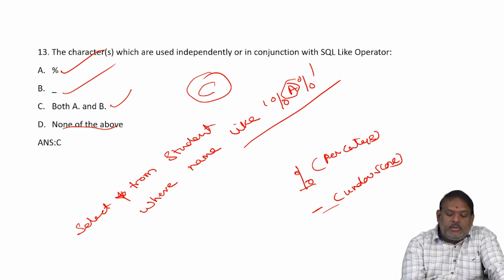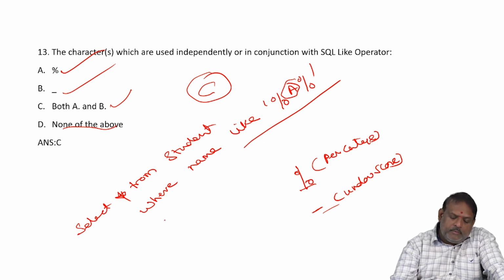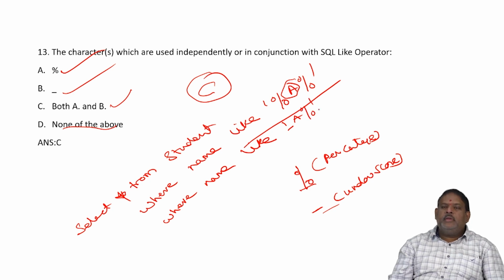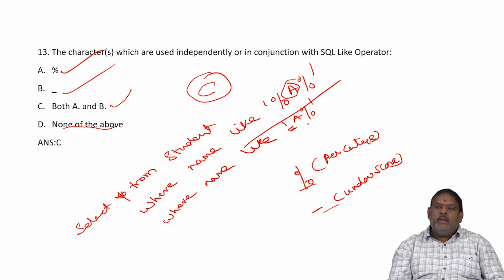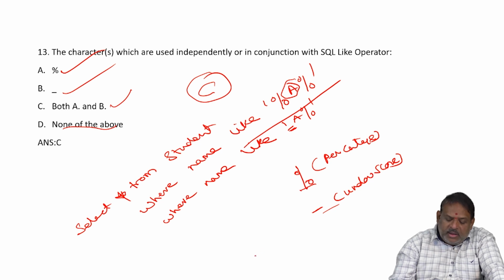Now, we'll see how to use the underscore. Same thing I can write: select star from student where name like '_A%'. See the difference here. Here it is percentage A percentage. Here I am saying underscore A percentage. When I say underscore here, it means my first character can be anything.